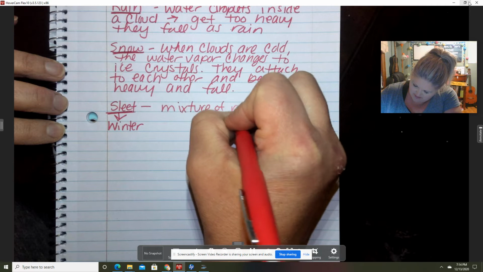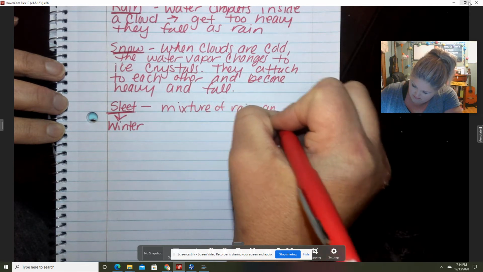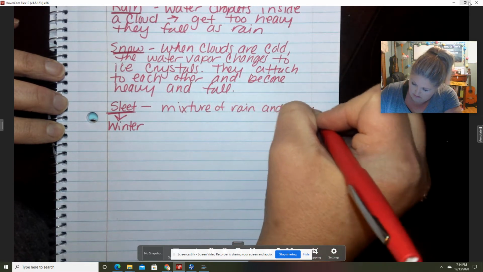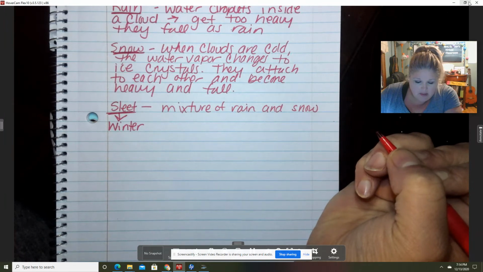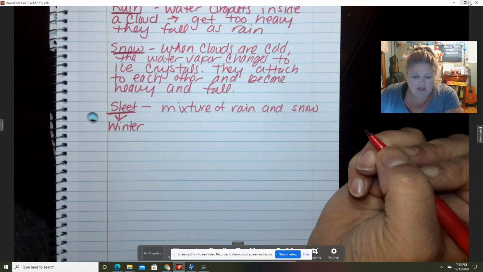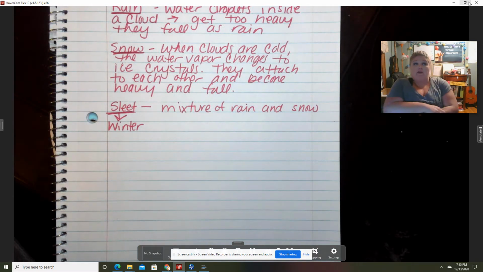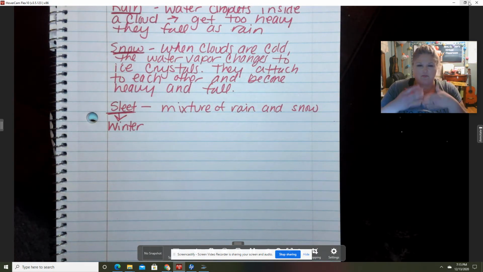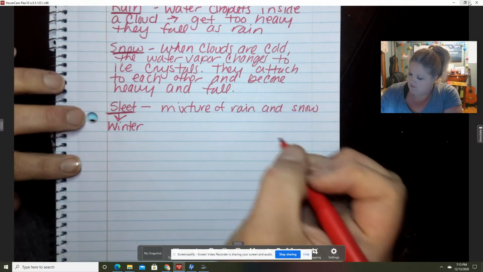Excuse me. Okay. The temperature is just above freezing. And also I have read that sleet sort of gets trapped in the cloud, and it's like been melted and frozen, and then eventually falls out.